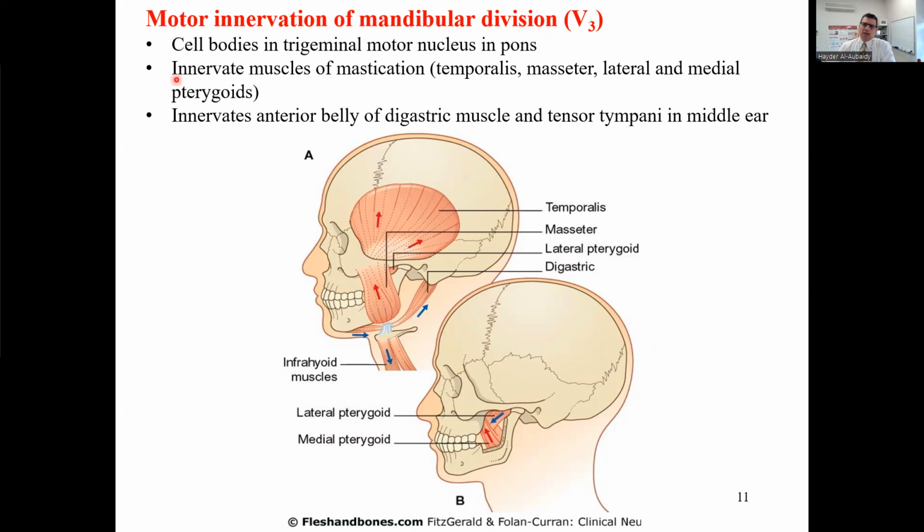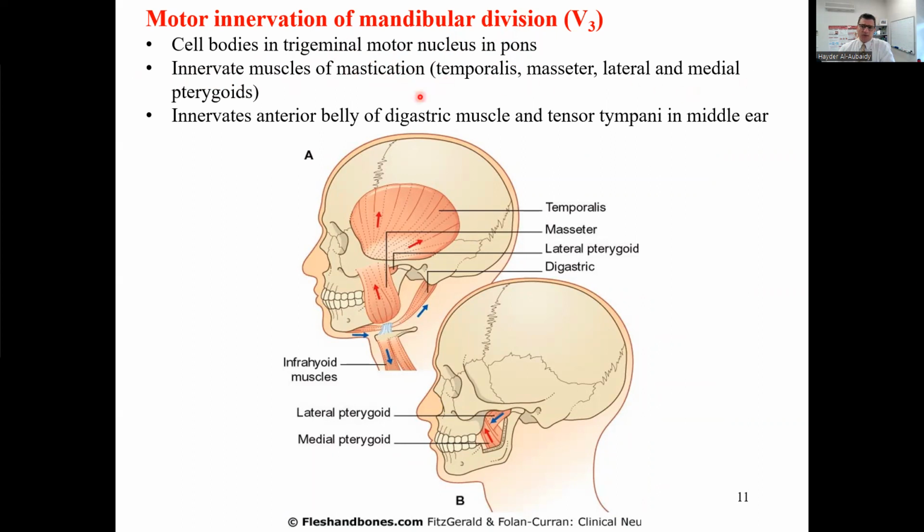The cell bodies are located within the trigeminal motor nucleus in the pons, close to the main sensory nucleus of the trigeminal nerve. It innervates muscles of mastication.